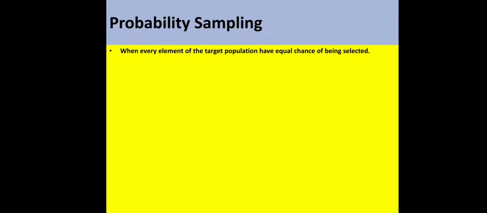We see that probability sampling ensures that every element of the target population has an equal chance of being selected. Clear? This sort of probability sampling arises when the population size is very large. It is also diverse.